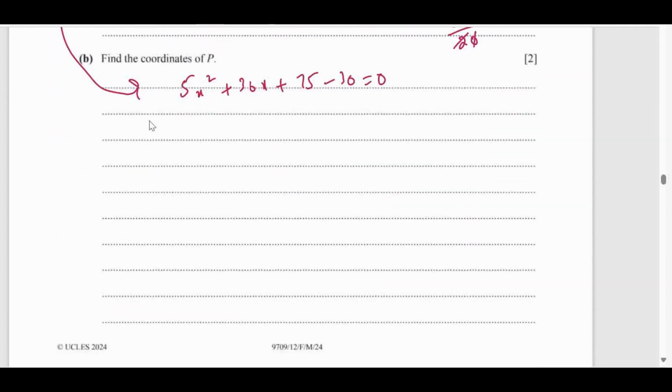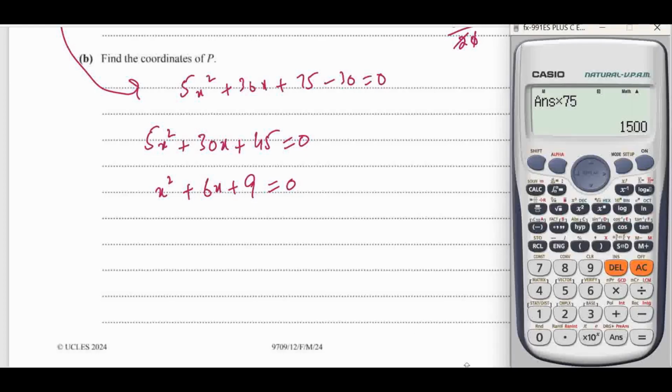And then this will be 5x square plus 30x plus 45 is equal to 0. Divide 5 on both sides, so this will be x square plus 6x plus 9 is equal to 0.